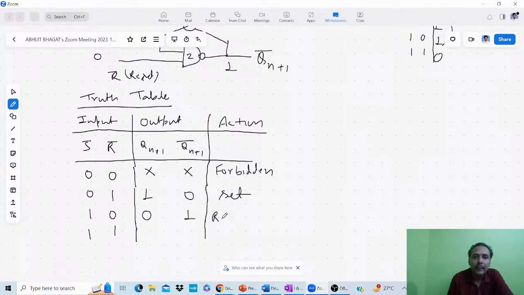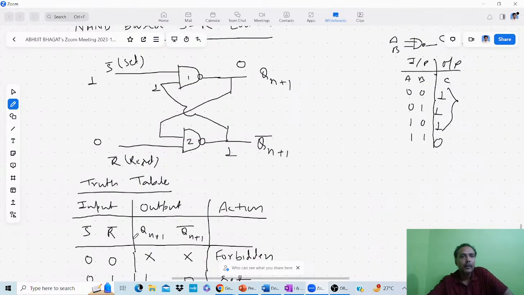So you are getting the reset condition, reset action. Okay. I hope it is clear to all of you. Next is 1 1.